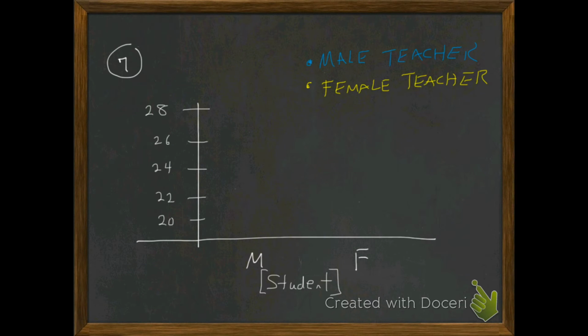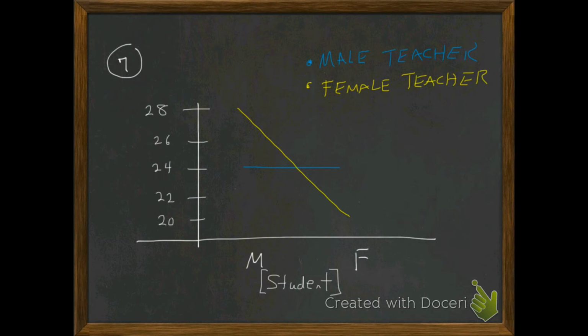So gang, what we would get here is our blue line, which is going to be the male teacher. It goes from 24 to 24. And the yellow line, which is the female teacher, goes from 28 to 20. I'll try my best to do that. I think it's going to be pretty close.